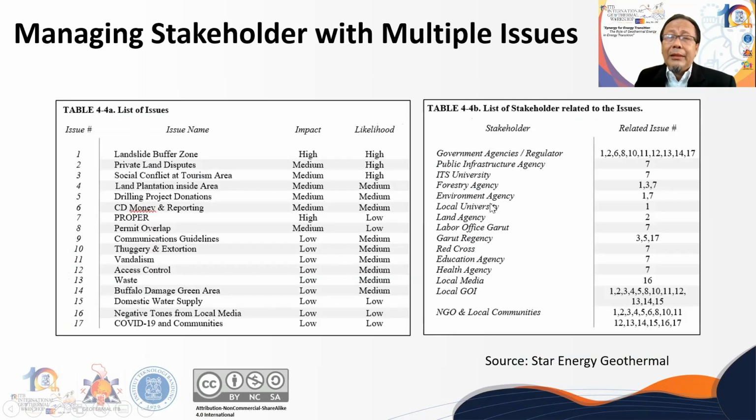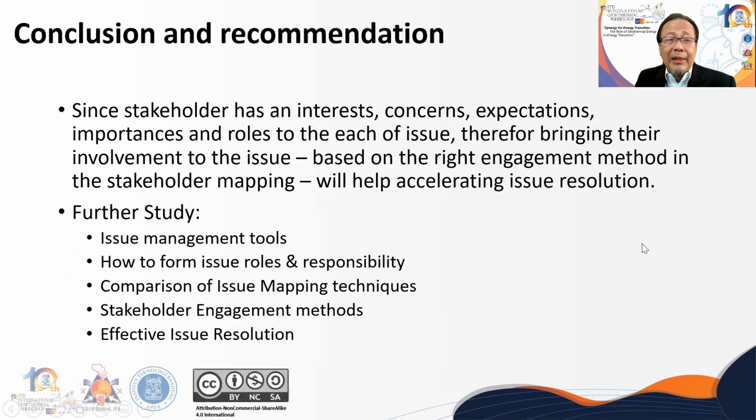And when we list all the stakeholders and issues, we can see that government agencies are related to a lot of issues, like local government as well as the local community. But some stakeholders relate to only one issue. This makes it easier for us to develop the stakeholder engagement plan.